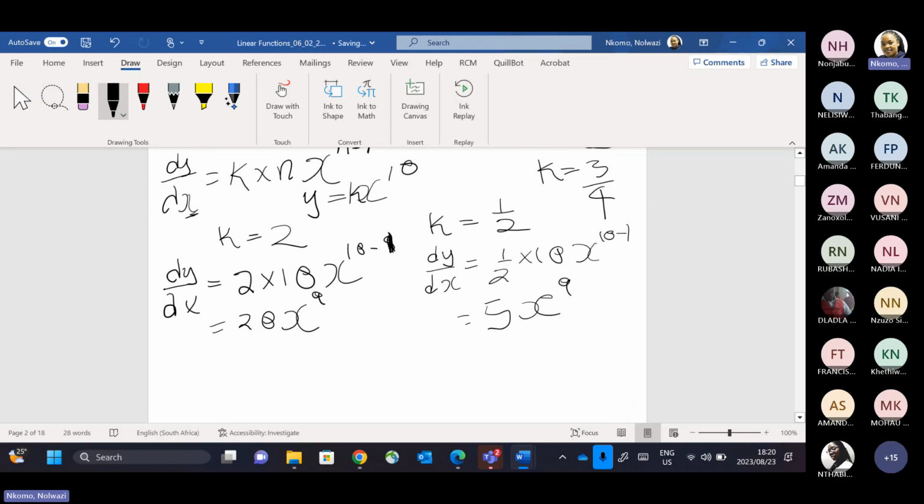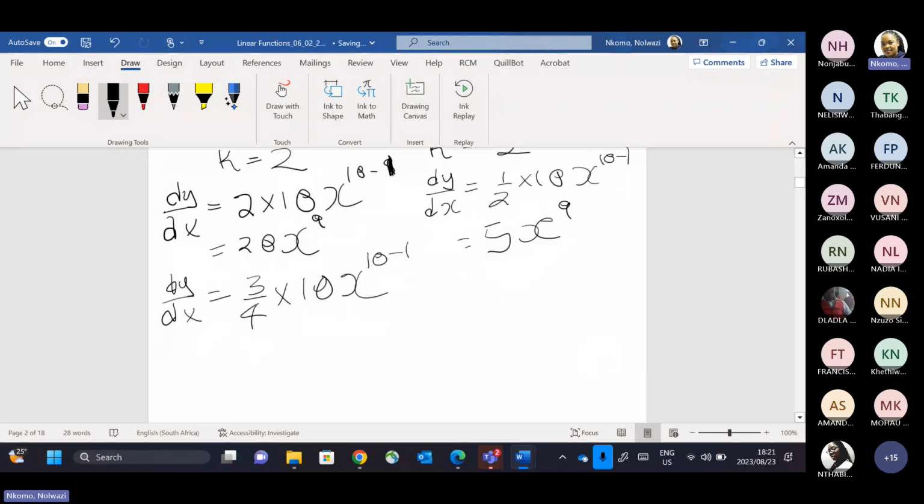And let's say our k was 3/4. If our k is 3/4, again we'll have dy over dx equals 3/4 times 10 times x to the power 10 minus 1.